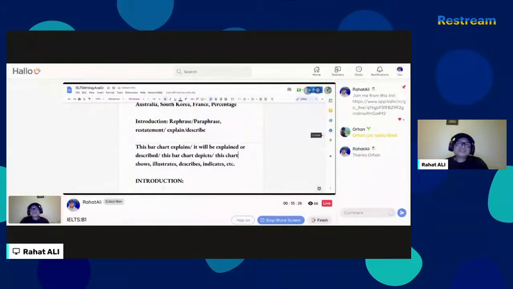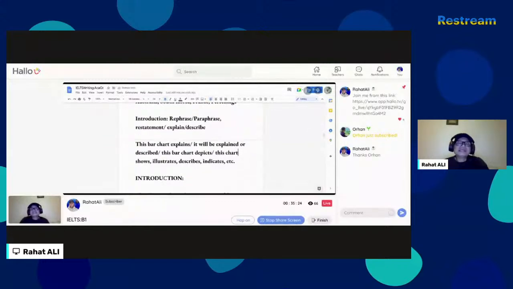Illustrates, describes, indicates, etc. Please bear in mind that these are only sample writing. You need to choose only one.